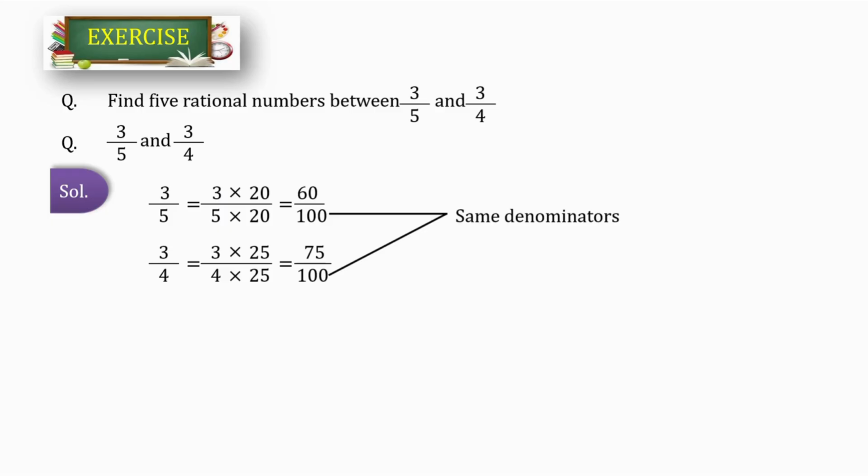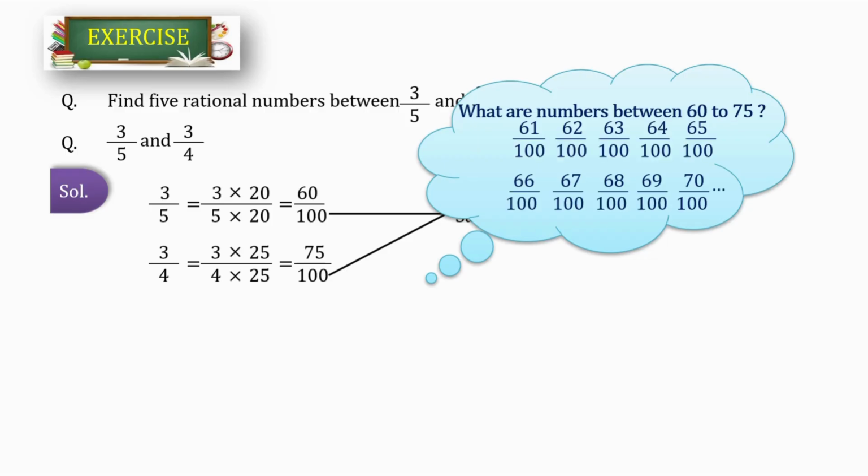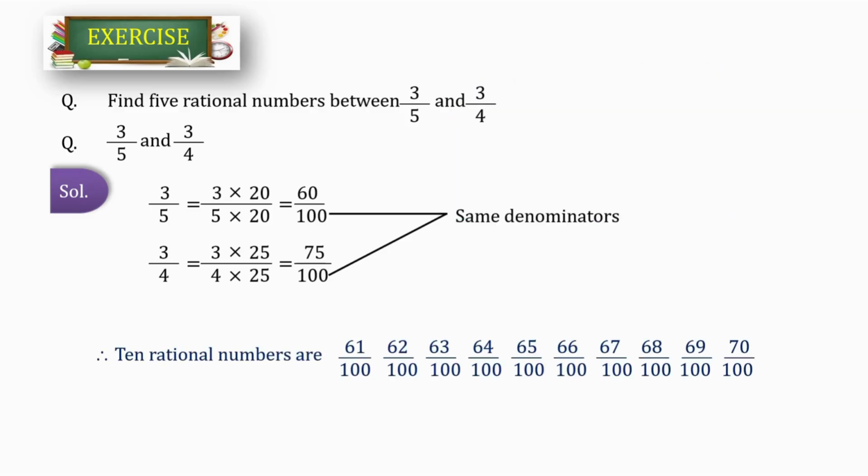Now we got the same denominators. So now we need to find the numbers between 60 and 75. So these are the numbers. So the 5 rational numbers are these.